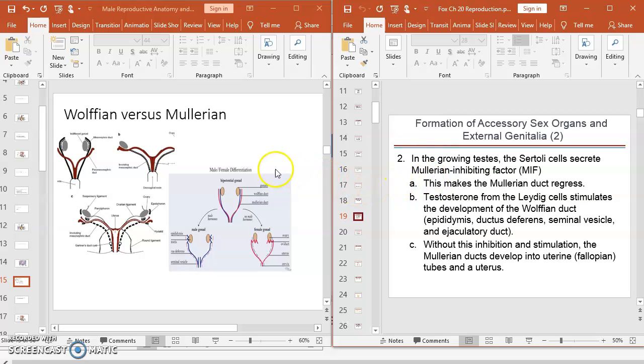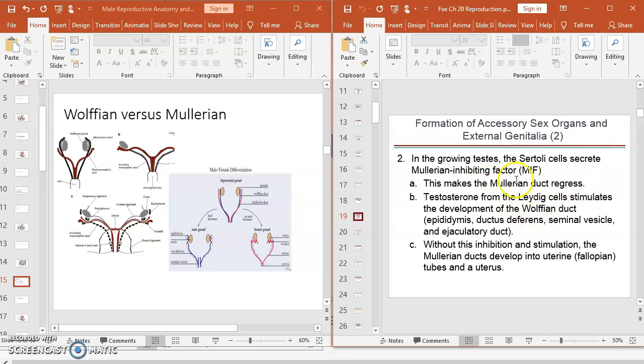See, in this picture here, this color here is the female, and this other color here would be the male. If you have MIF, I want this system to regress. Right now you have both. The Müllerian duct regresses because of MIF, but I also need the testosterone to stimulate the male development. So I need to back off the female and advance the male.